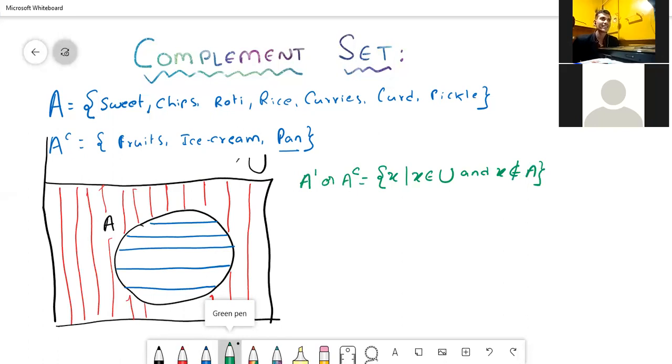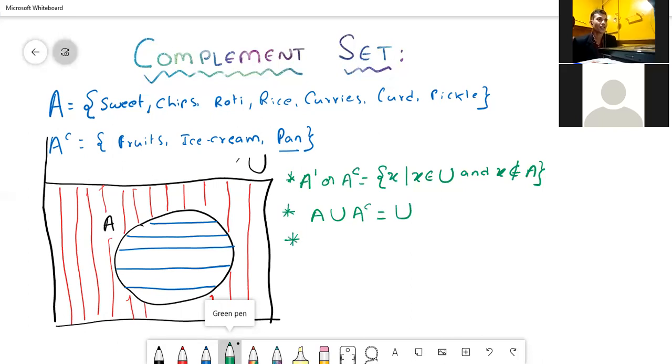So elements in the universal set but not in A are called A complement. This is the definition. Also observe, if you join A and A complement, you get the universal set.